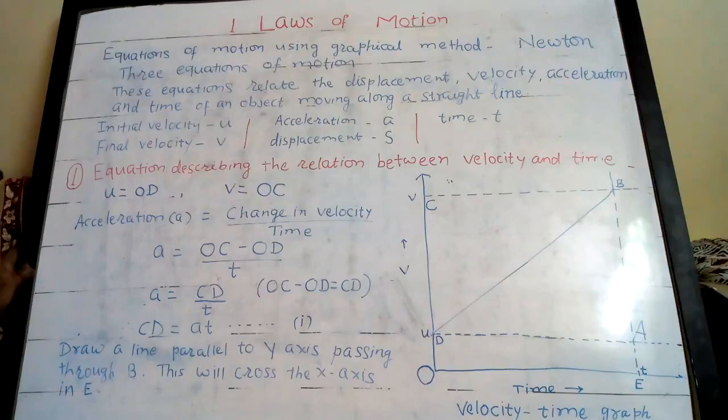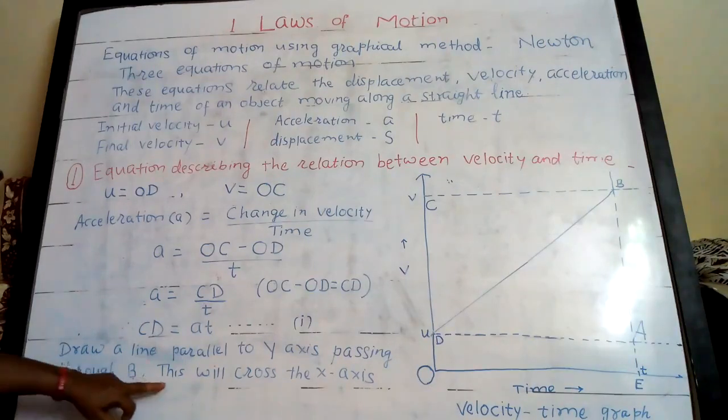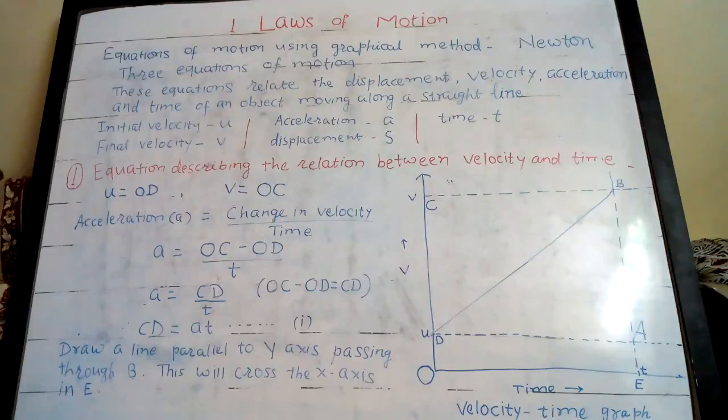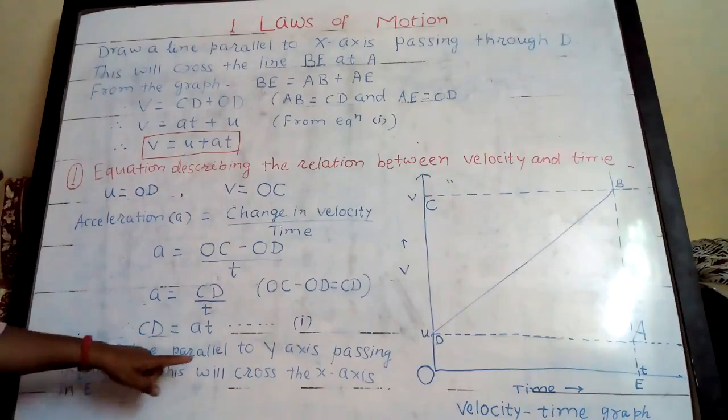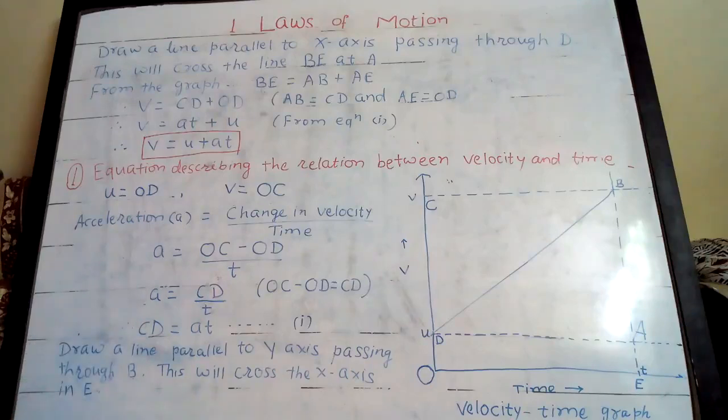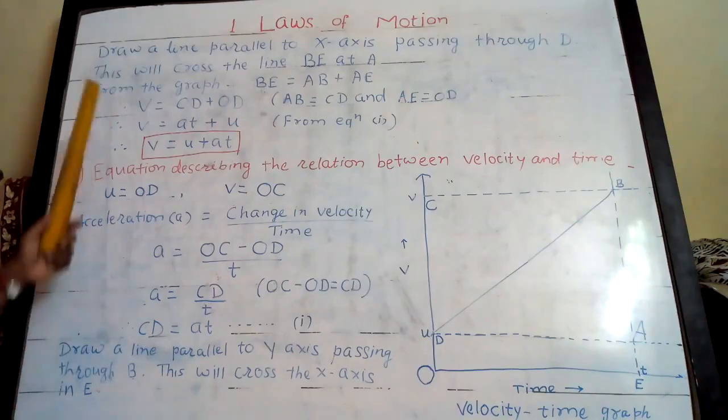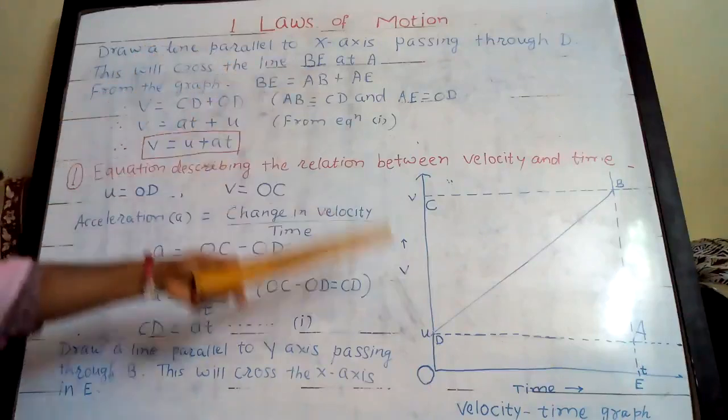Now what we have to do, I have shown before you. Draw a line parallel to the y-axis. That line is BE, the line parallel to the y-axis passing through B. This will cross the x-axis at the point E. Now next you have to draw a line parallel to the x-axis.